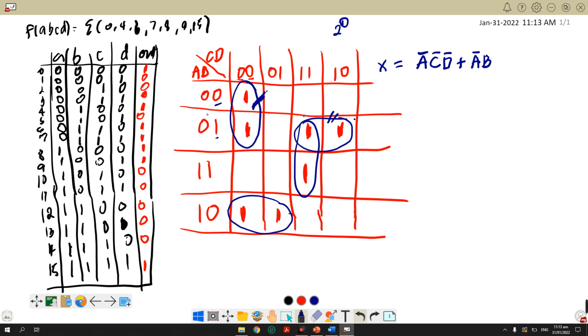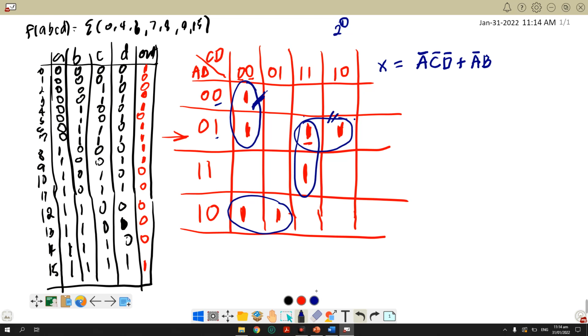Because here, you will notice, this second group is in the same group here. So they have the same A, they have the same B. So A is 0, so complement. B is the same one, so it is written in its true form.